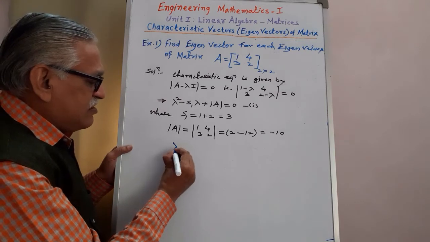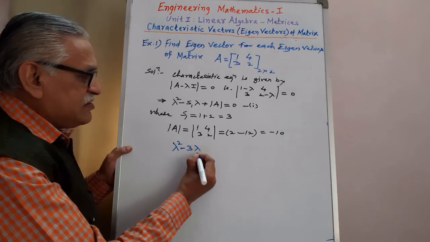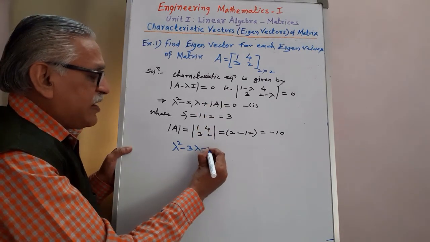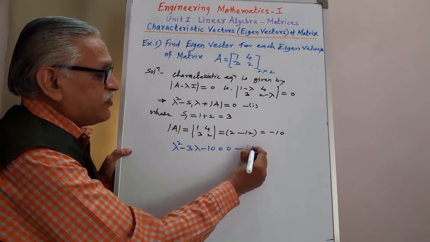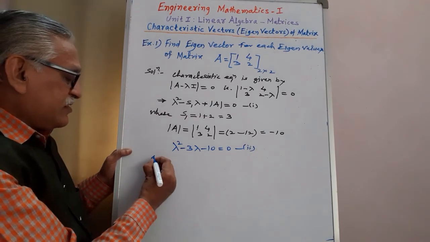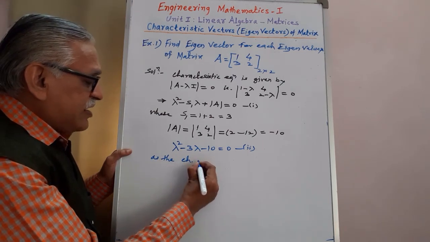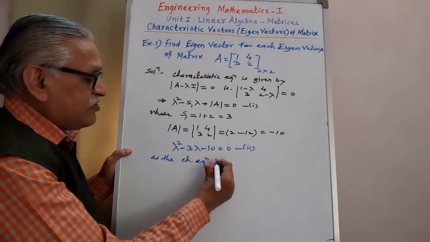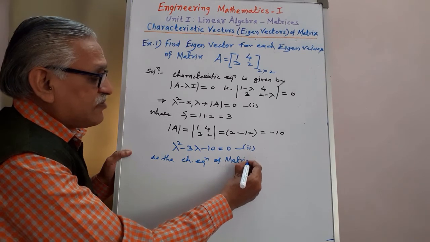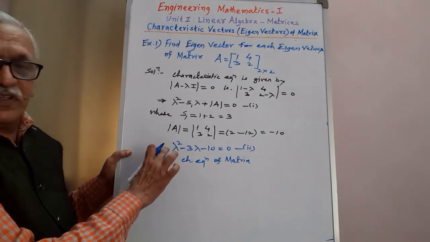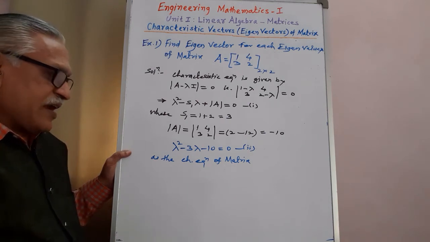equation 1 becomes lambda square minus 3 lambda minus 10 equals 0. We call this equation 2, the characteristic equation of the given matrix. Solving this equation, we can determine the values of the characteristic roots.